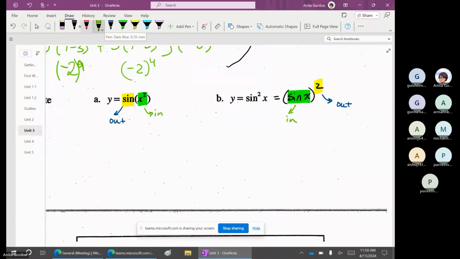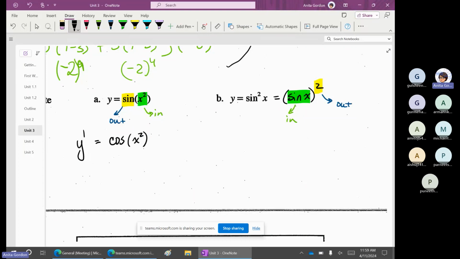Okay, let's do the derivative. Y prime equals, what is the derivative of sine? Just cos. So this is cos. The inside is unchanged, right? X squared.